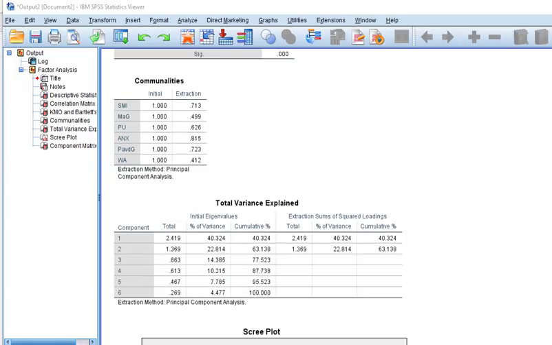So in this table right here, we have our components. The number of components that are extracted originally, prior to deciding on how many to retain, is going to equal the number of measured variables. And each one of these has an eigenvalue associated with it. An eigenvalue is basically summarizing the amount of variation in the measured variables that's being accounted for by a given component.